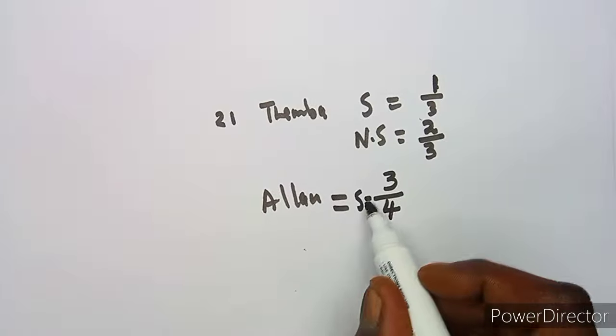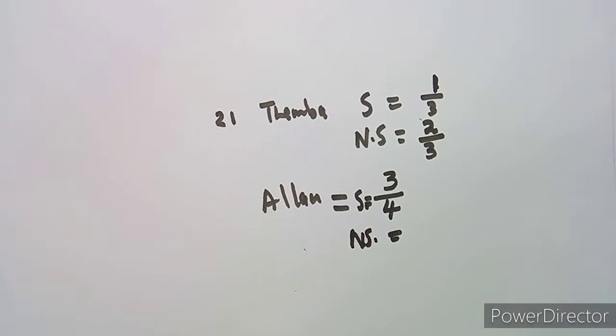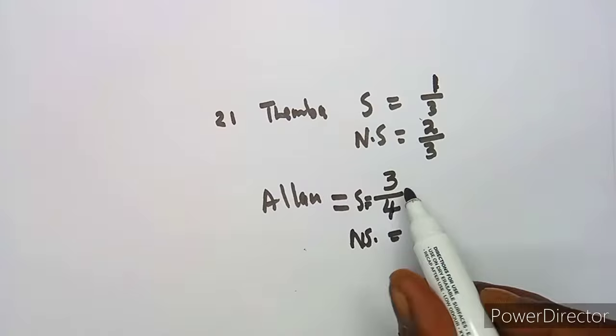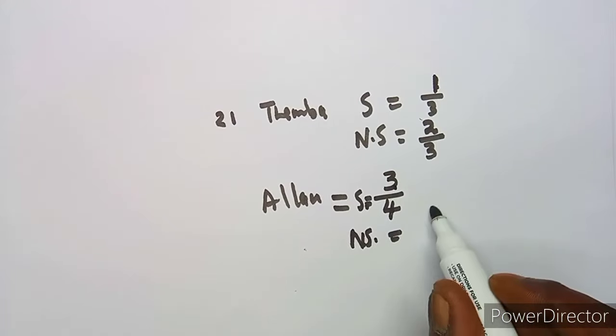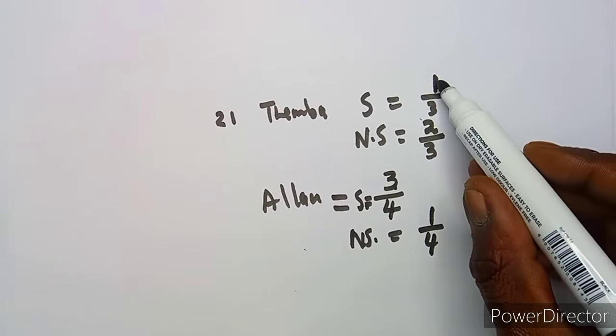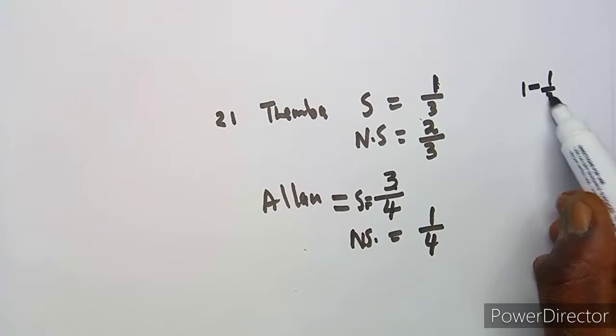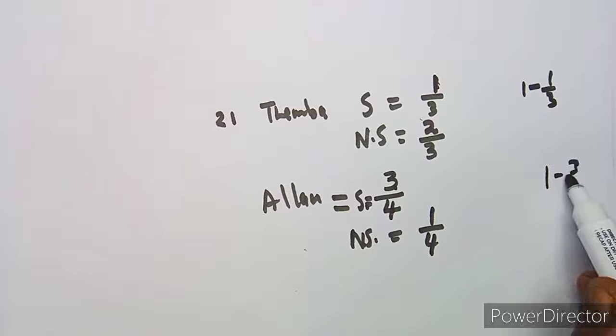So what is going to be the probability of not scoring? Out of 4 chances, you managed to score 3 times, so only 1 out of 4 was a fail. So you can simply say, if you have this one as 1 over 3, not scoring is going to be 1 minus 1 over 3. This one is going to be 1 minus 3 over 4.